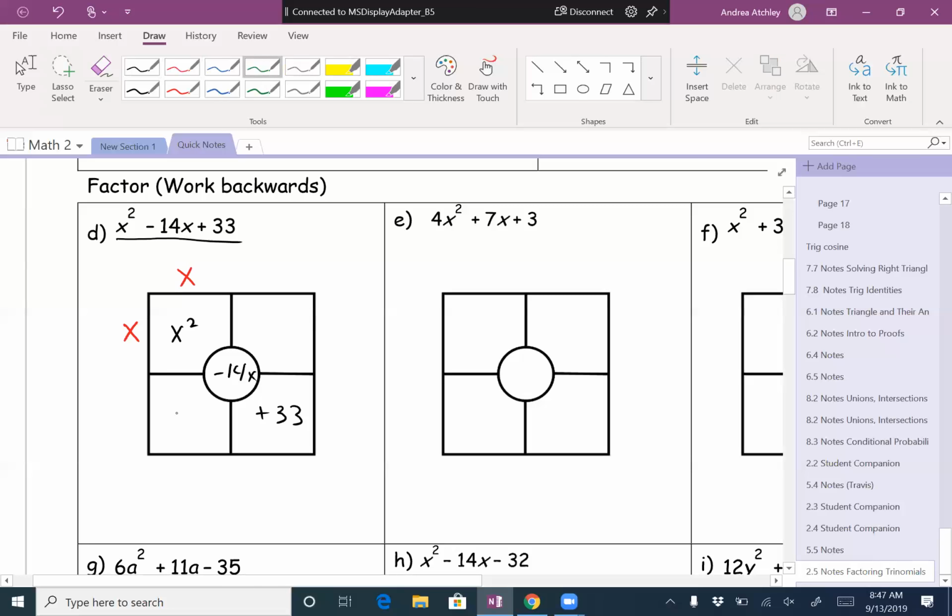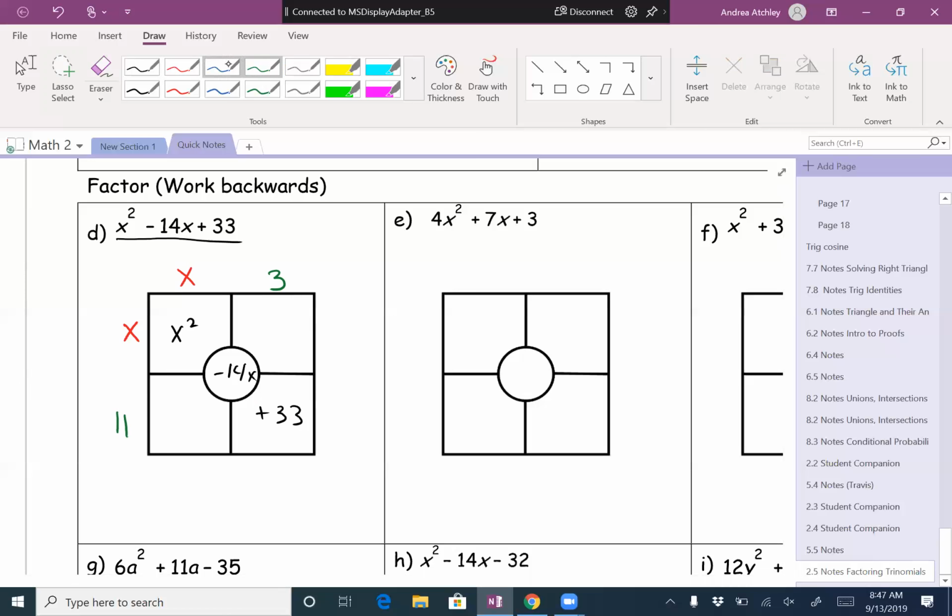I don't know what goes here yet or here, but I can tell you the area of this is 33. What multiplied to 33 then? 3 times what? 11. So that's this length and this width. If you switch the 3 and the 11, it's not a big deal. It doesn't really matter where you place them at this point.